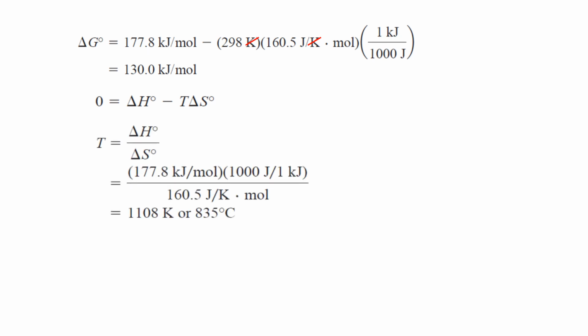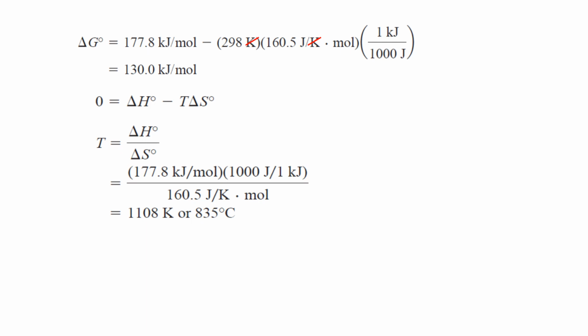We derive first the temperature of the system. To derive that is to transpose negative T delta S to the opposite side of the equation, and then transposing delta S to the right side of the equation. So we shall have delta H, or change in enthalpy of the system, over change in entropy of the system.